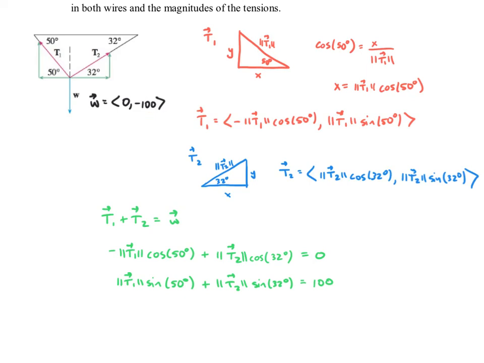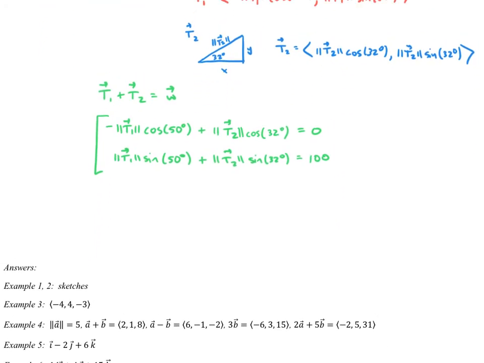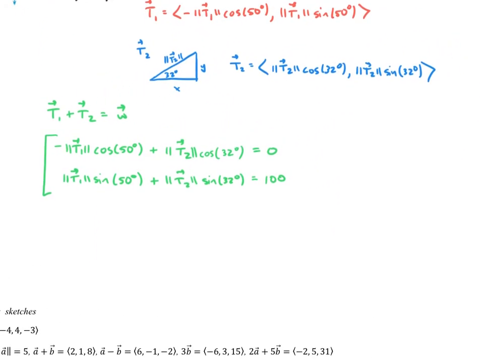So what we have here is a system of equations that we need to solve. We need to figure out what these magnitudes are. And we can do that a variety of ways. I think what I'll do here is take the very first one and set these equal. And maybe let's just solve for the magnitude of T1, because we need to solve for one of them.